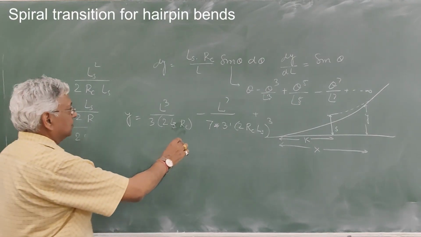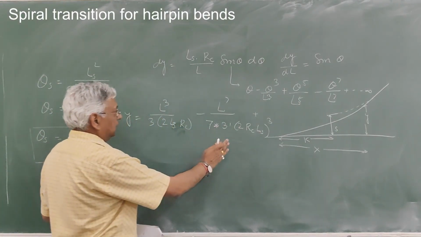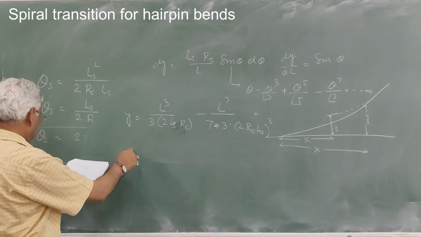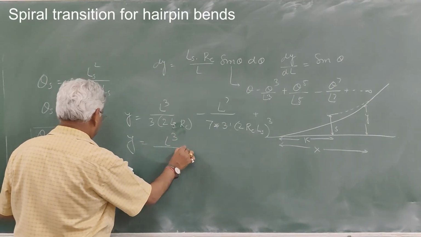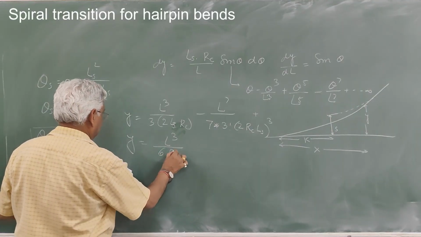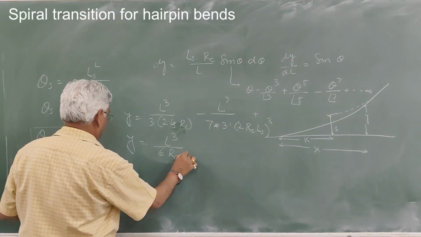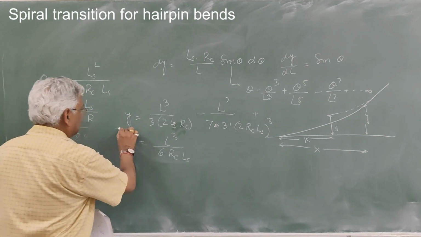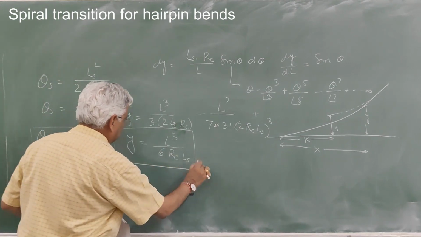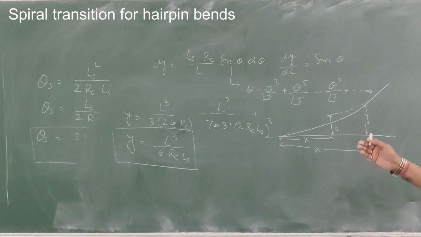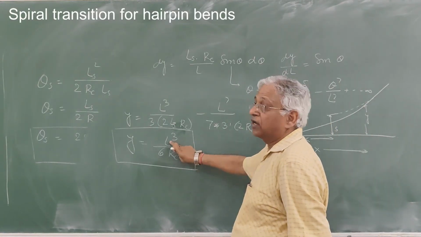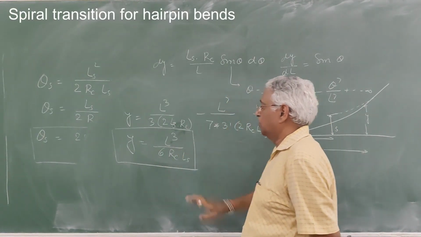Now if you neglect all these terms and take only the first term, then y is L cube upon 6 Rc into Ls. That is the equation which you generally get in the textbook, that the offset at any length L or x is given by this equation.